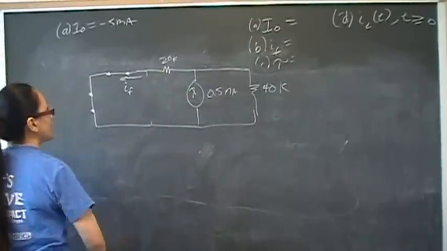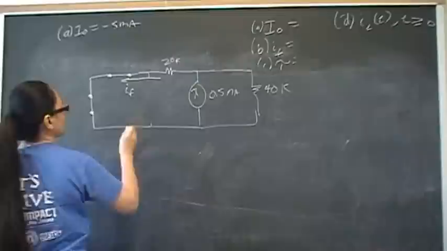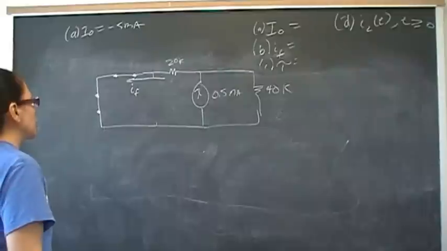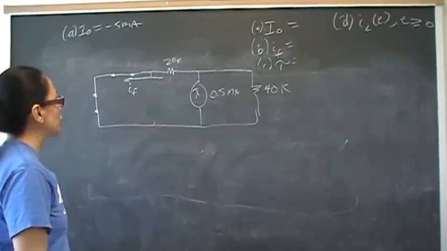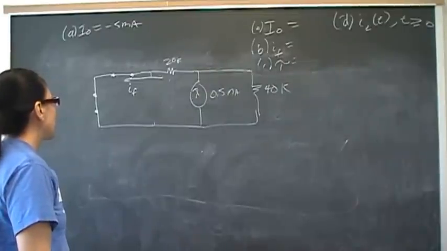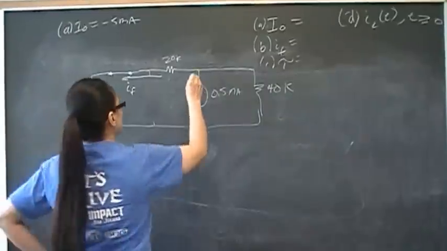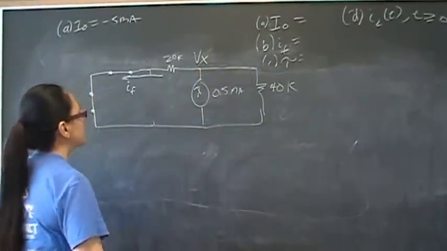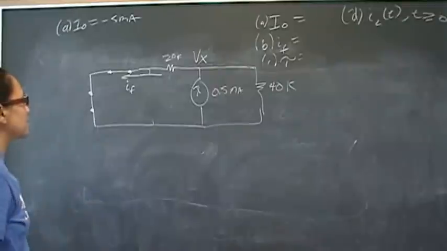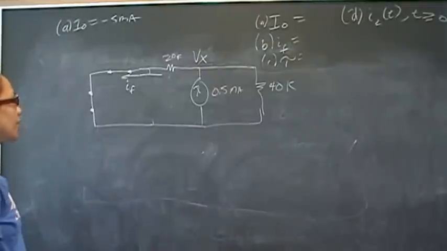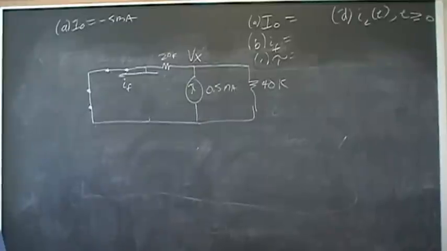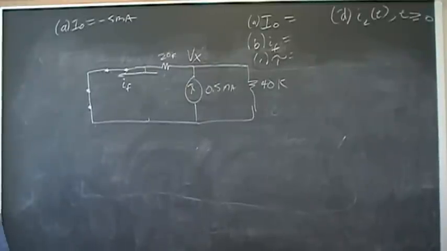Okay, now to find this, we could use a couple of things. We could use current division, or we could use node voltage, or we could use mesh currents. I chose to do it by node voltage, so I call that Vx. And node voltage, just a reminder in case you forgot, is an application of KCL. Kirchhoff's current law says that the sum of all the currents leaving a node must equal 0.